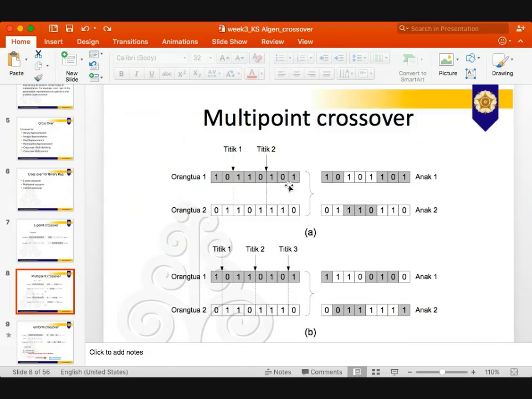Also the same, the first and the second crossover points must be more than or equal to 1 and less than the chromosome size. But the second crossover point must be more than the first crossover point, to guarantee that the crossover points are in proper order.